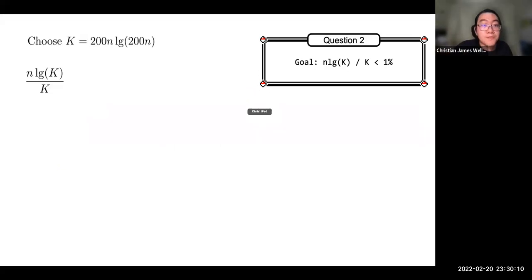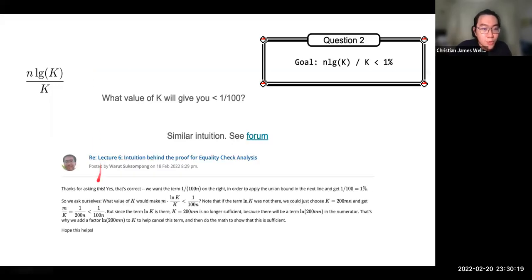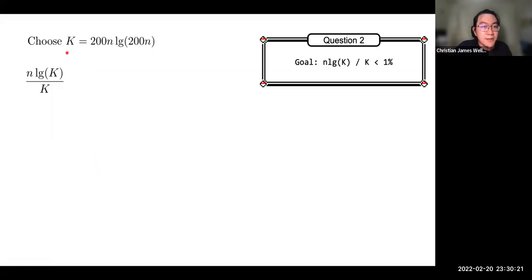So we choose k to be this value. Same intuition as before, which I didn't go through, but it's in the post. Let's trust me for now and say that k is really 200n log 200n, and this choice of k will really give 1 over 100.